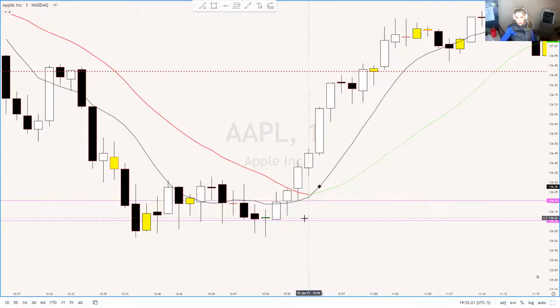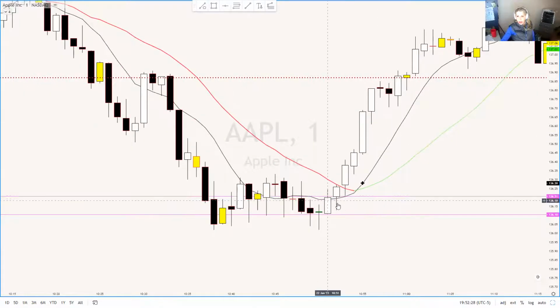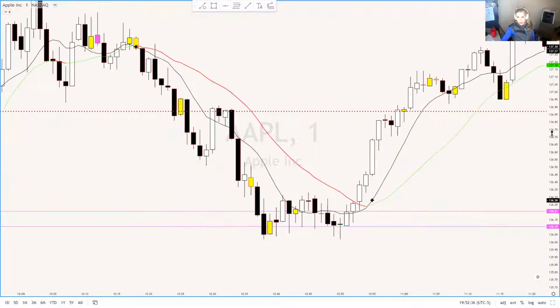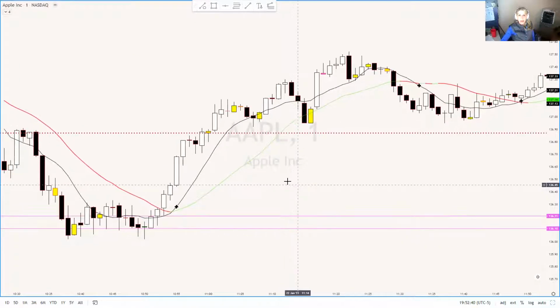So just keep in mind that the smaller and closer this candle is and less of a wick it has, the tighter that stop can be. Again, with Apple, not as big a concern. Something like Amazon, it very well might be.